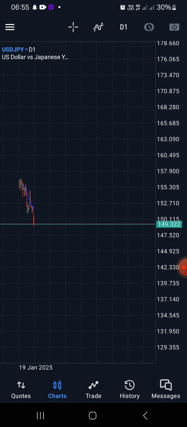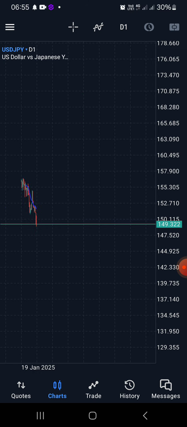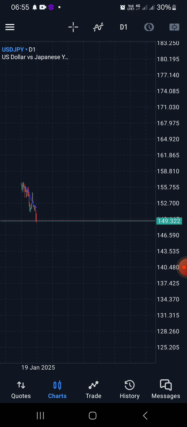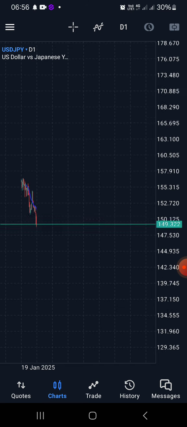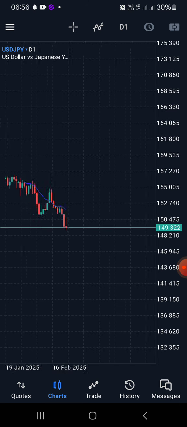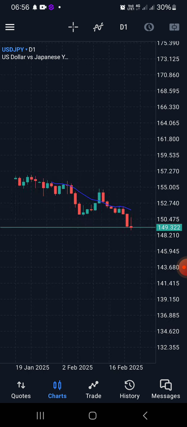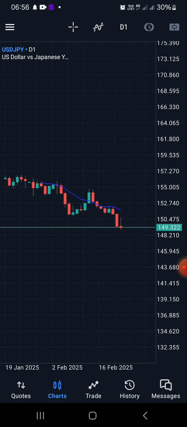So for the daily time frame, we're having... Okay. Let me just zoom out this portion. Now, as you can see, for the daily time frame, our market remains on a downtrend.